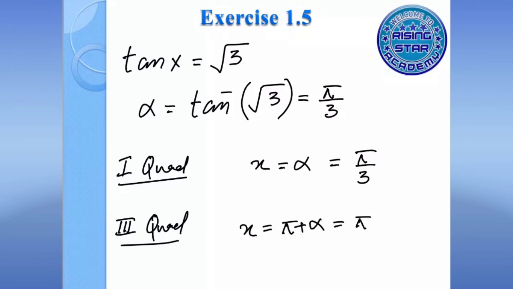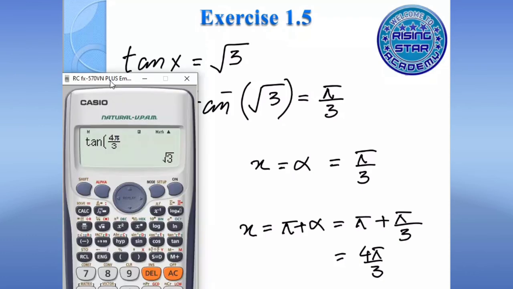So pi plus pi by 3, that would become 4 pi by 3. I will verify tan 4 pi by 3. So here you can see that the tan 4 pi by 3 is equals to square root of 3.